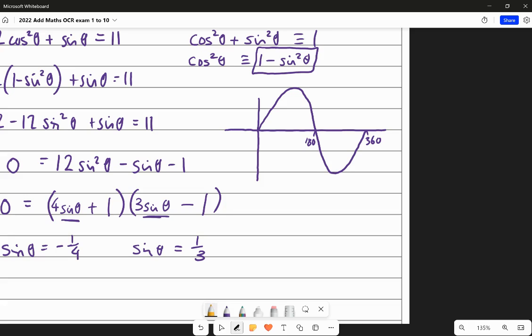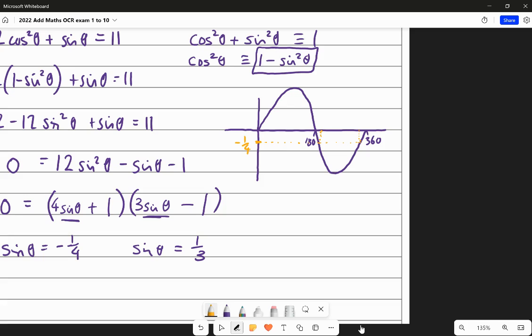So negative 1/4 is here. So that's going to give me two solutions, one just above 180 and one a similar distance below 360 that this is above 180. The same distance below 360 that this is above 180.